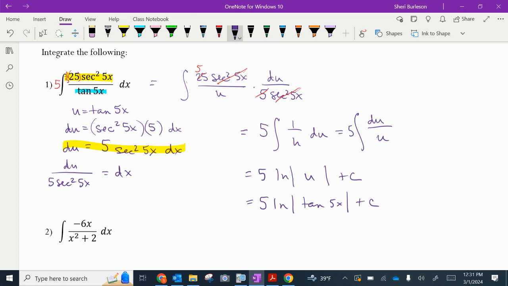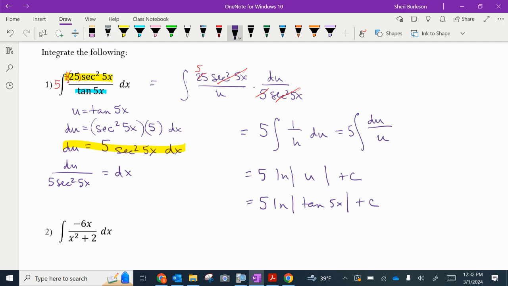It won't work because the derivative of secant squared is not 1 over tangent. So if you tried that, you're going to still have x's and u's in your integral that you can't get rid of. So sometimes you'll choose the wrong u and you get stuck where it won't work. Then you've got to go back and choose a different u.